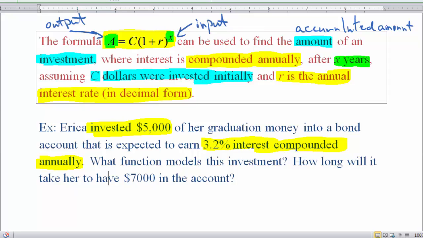So what function models this investment, and how long will it take her to have $7,000 in the account? So first, they just want you to write the function.